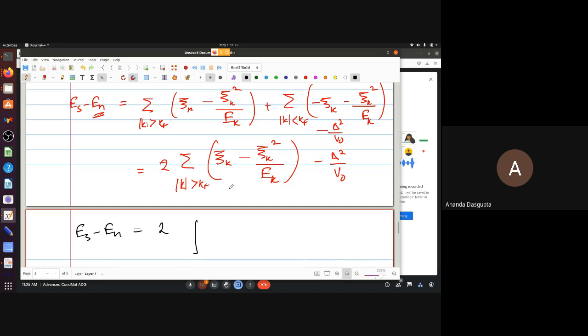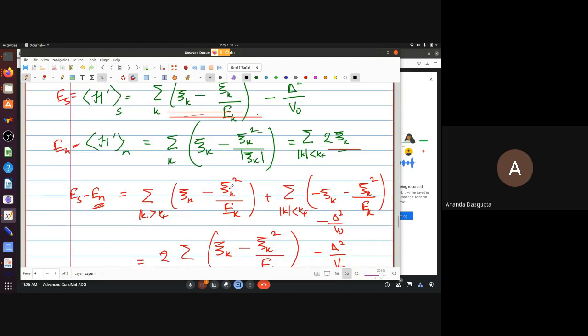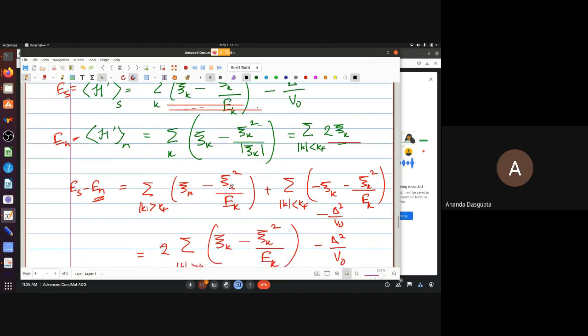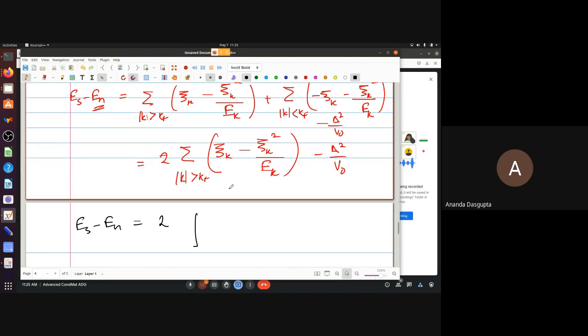And also let me remind you that this sum does not really go on forever, because this result is actually true only up to a particular size of mod xi k. Beyond that, there are no contributions anyway. Beyond that, all these terms vanish. So what you get is an integral from 0 to h cross omega c, because we are only looking at mod k bigger than kf. So this is an integral over xi.